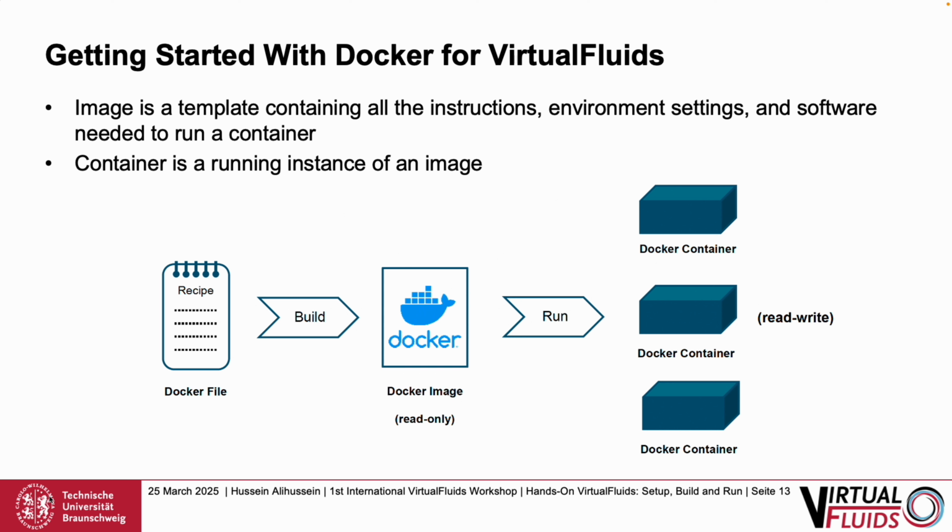Maybe this graph will make the whole idea about Docker easy. Some basics about Docker. I will start from the middle of the graph, then move to the right, then to the left. Docker has something called a Docker image. A Docker image is a template containing all the instructions, environment settings, and software needed to run a container.